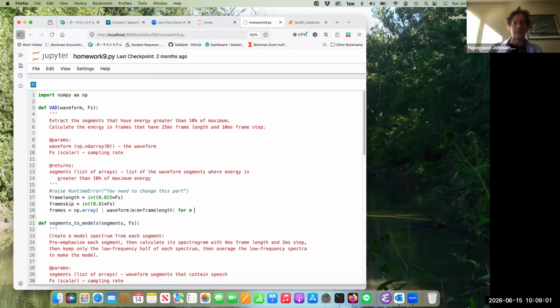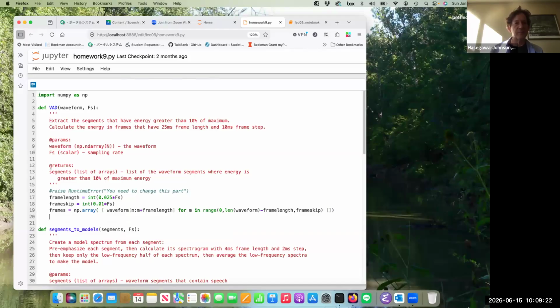For m in the range starting from 0 and going to the length of the waveform minus the frame length, with a skip equal to the frame skip. All right, there are the frames.